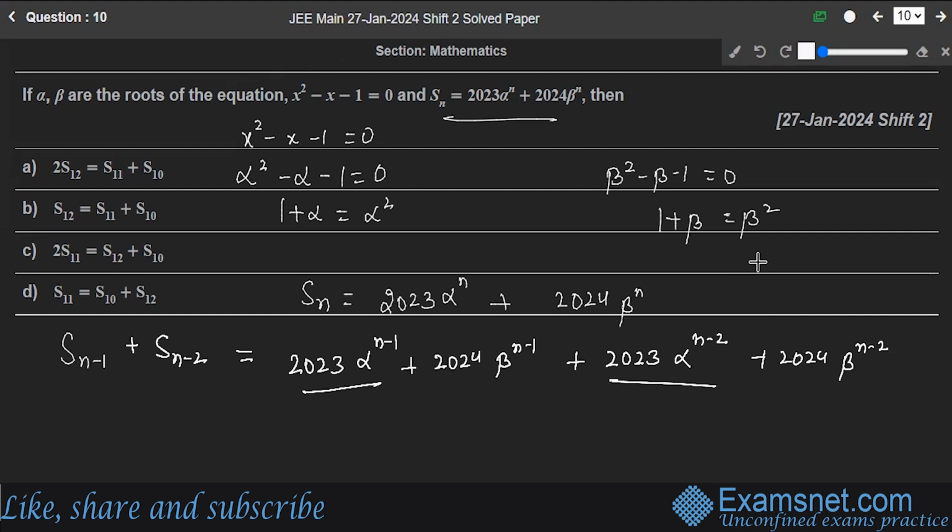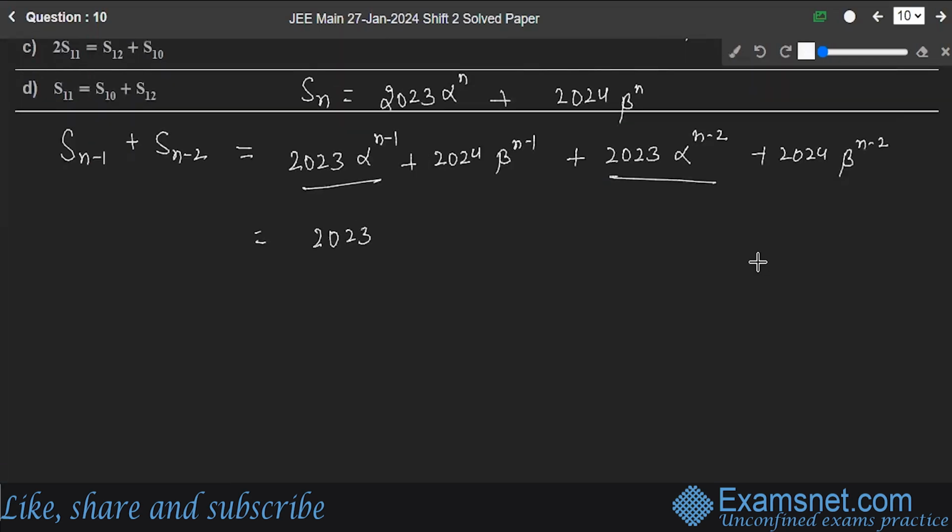Let's combine both of them. You will have 2023 alpha power n minus 2 into 1 plus alpha, plus 2024 beta power n minus 2 into 1 plus beta. Okay.